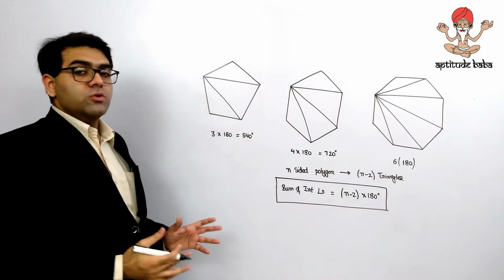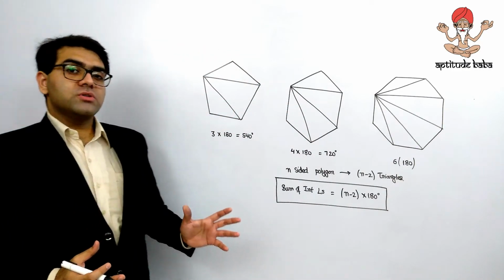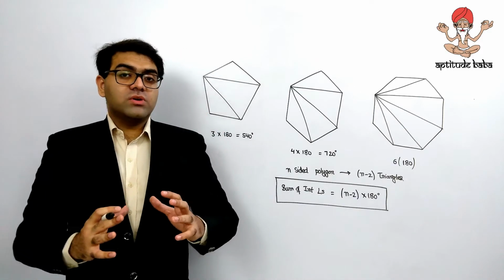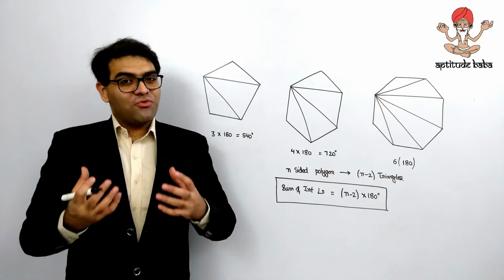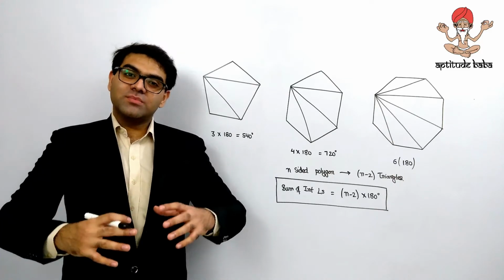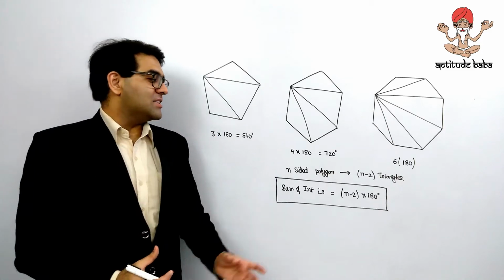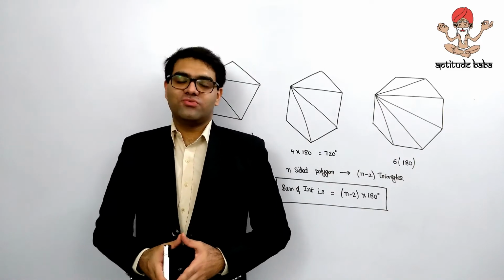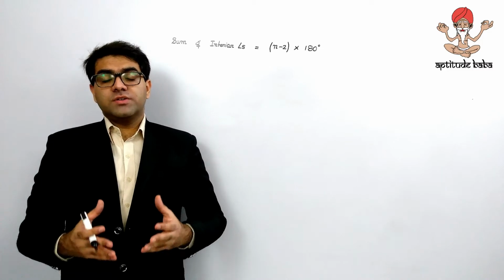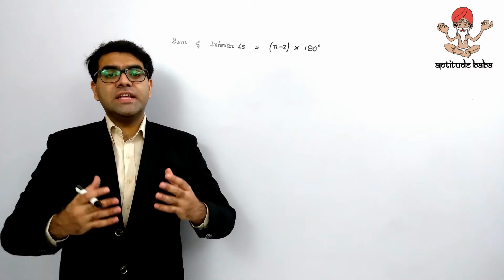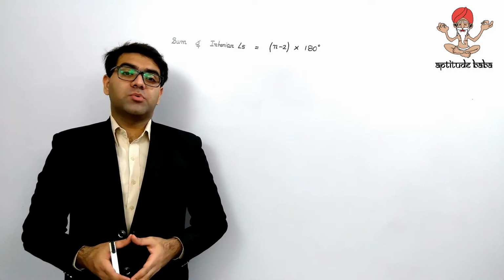Hopefully we are able to follow this logic. Using this logic, I can find out the sum of interior angles of any n-sided polygon. For any n-sided polygon, the sum of all interior angles has to be n minus 2 into 180 degrees. So what we have here is the formula for sum of interior angles of an n-sided polygon.